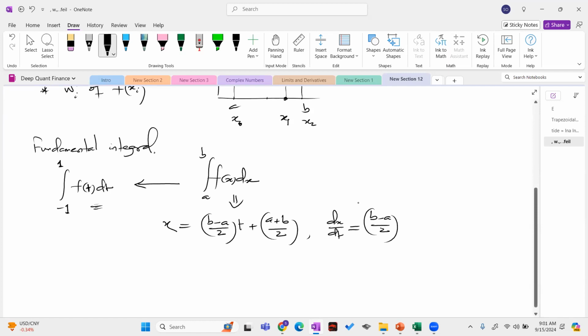All right. Now let's evaluate the limits. x goes from a to b, correct? In the original integral. So t will go from where to where? When x is a, t is what? And when x is b, t is what? Can you tell me when x is a, what is t? Basically, you have to substitute a here and then see what t becomes.